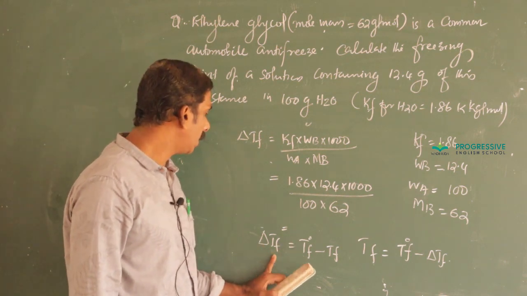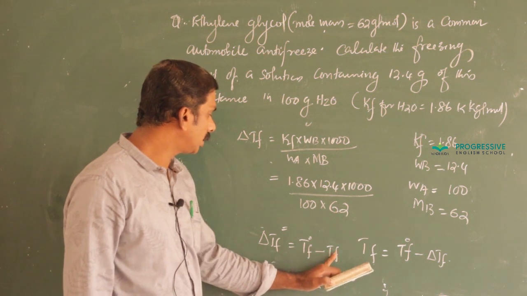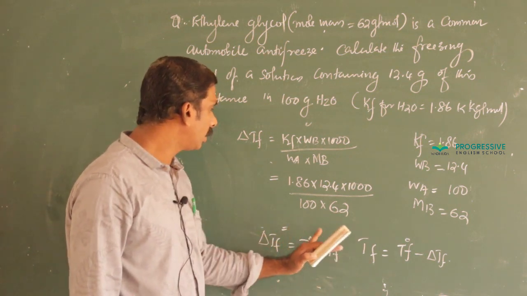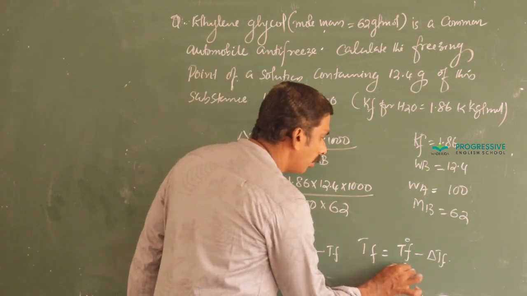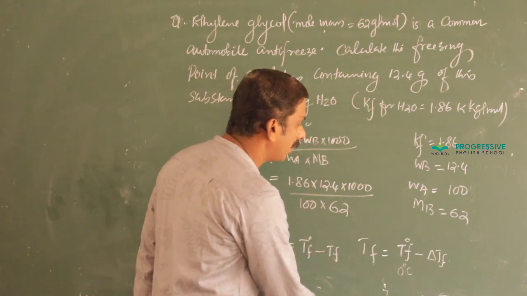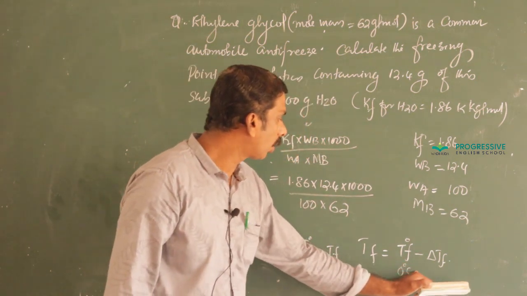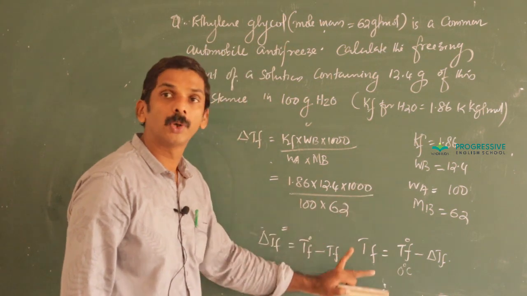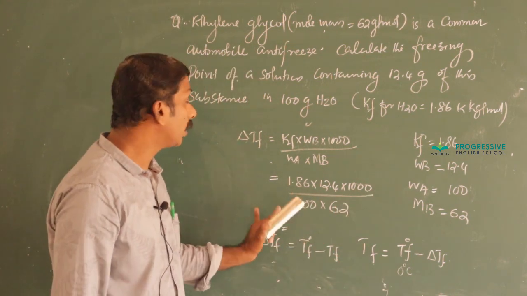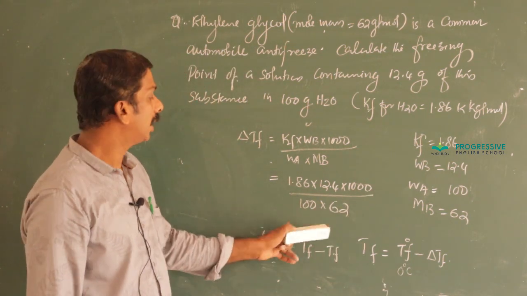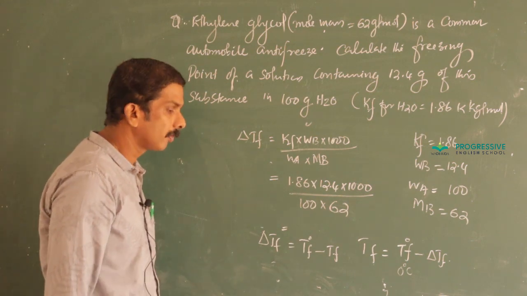Delta Tf equal to T0f minus Tf, or Tf equal to T0f minus delta Tf, that is 273 Kelvin minus that value. That is why the freezing point of the solution will be less than that of pure water.